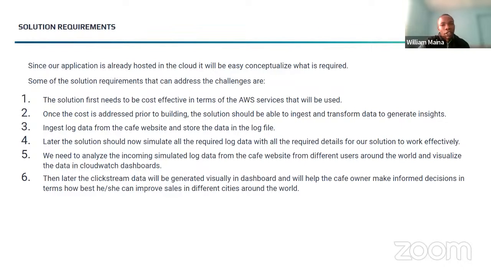Later, the solution should simulate the required log data with all the required fields for our solution to work effectively. Later, we need to analyze the incoming simulated log data from the Cafe website from different users around the world and visualize the data in CloudWatch, right?